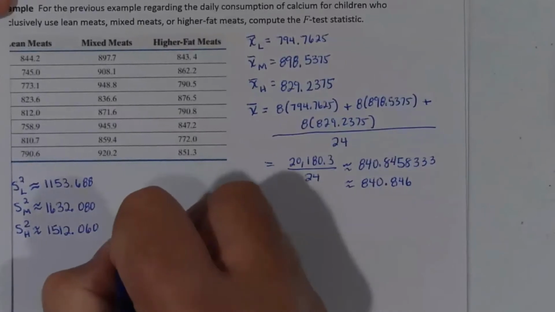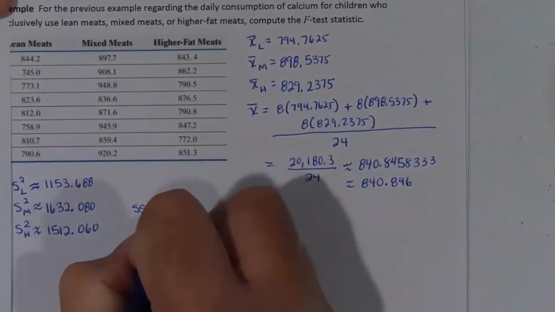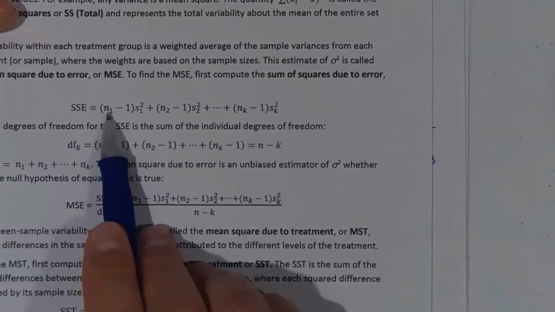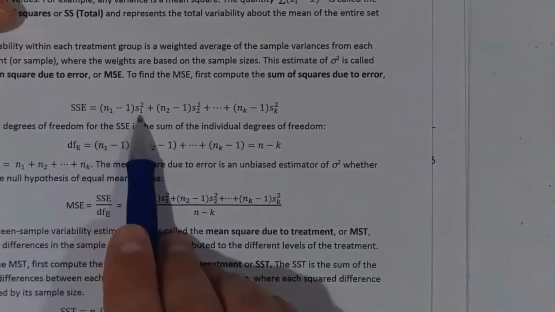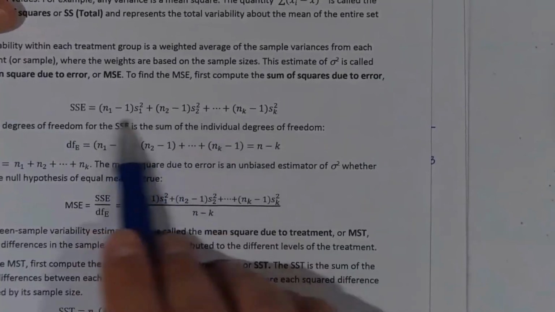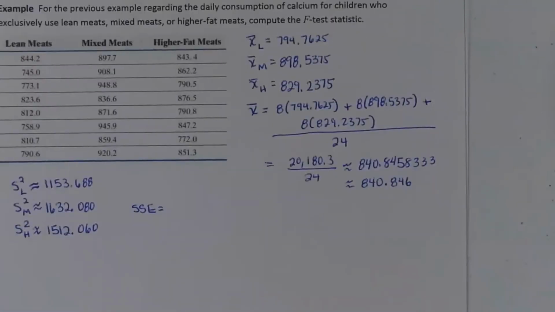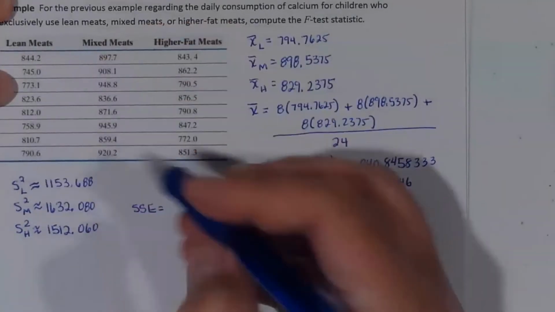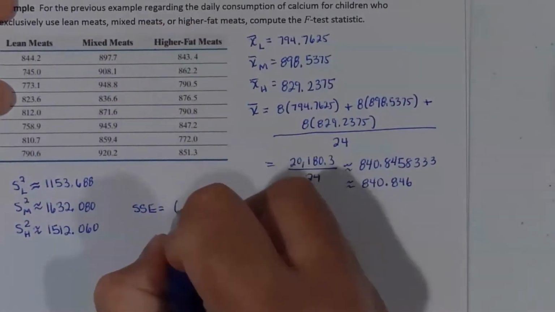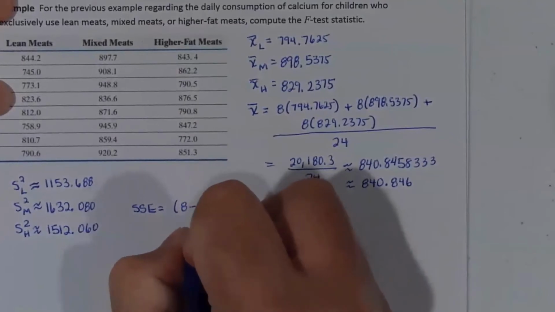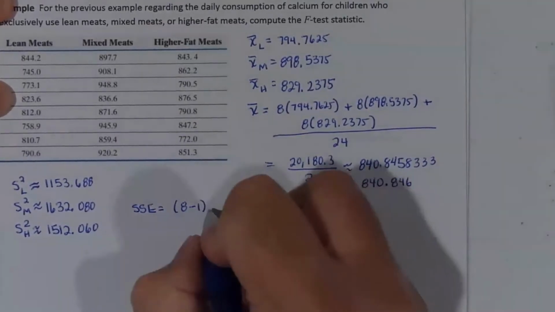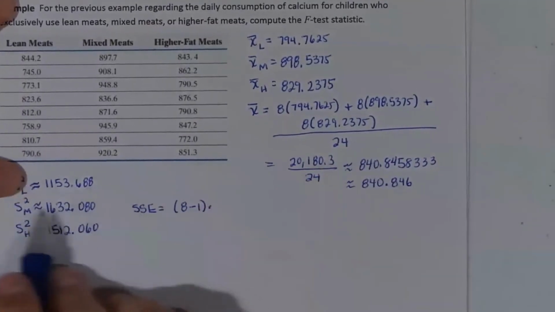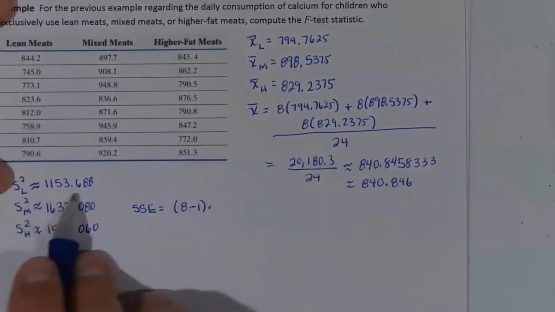So to find the SSE, now again, what I do for the SSE is I take each sample size minus 1 times the variance of the group, and I'm going to add that all up. So in this case, for the SSE, I'm going to take the sample size minus 1, so that's going to be 8 minus 1, or really 7, times the variance for the first group, which is again the lean meats.